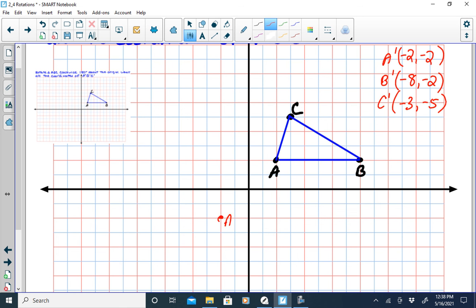There's our A prime. B prime is located at (-8, -2). And our C prime is located at (-3, -5). There's our C prime. Connect our points.